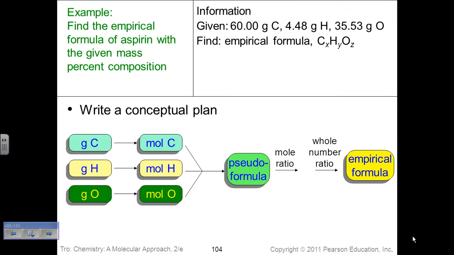What we know is the carbon is 60 grams, the hydrogen 4.48, and the oxygen 35.53 grams. We have 3 separate mole problems converting each element into a mole unit. So that's not so tough.